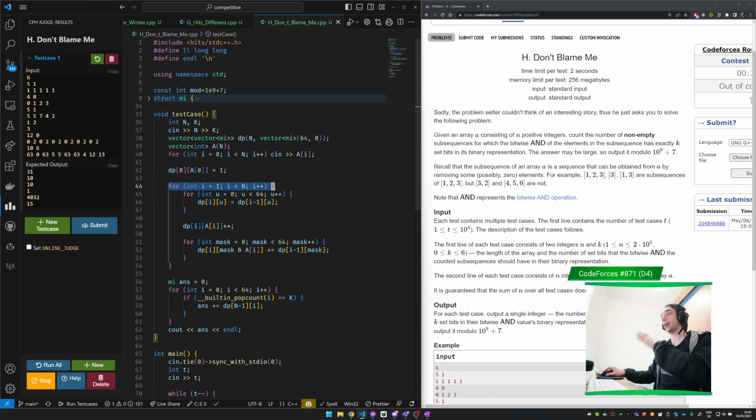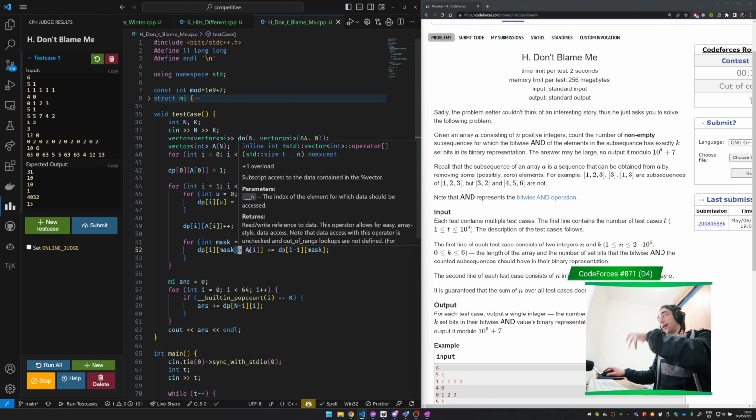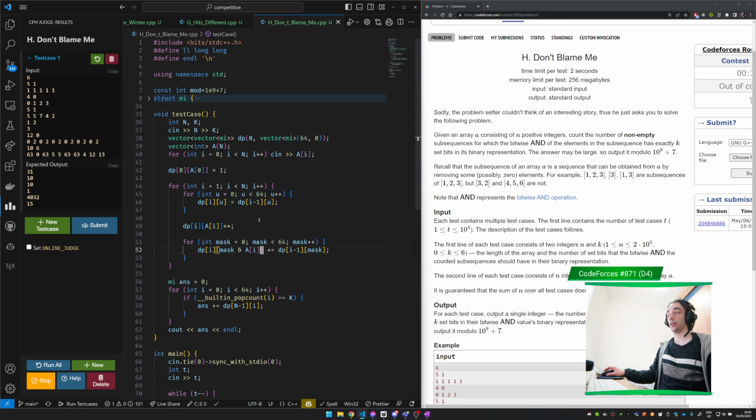Then for all of the next positions, we copy out the DP table, but now we can start a new subsequence that starts in this number. Or we can go through each of the previous possible values and bitwise AND with A_i.